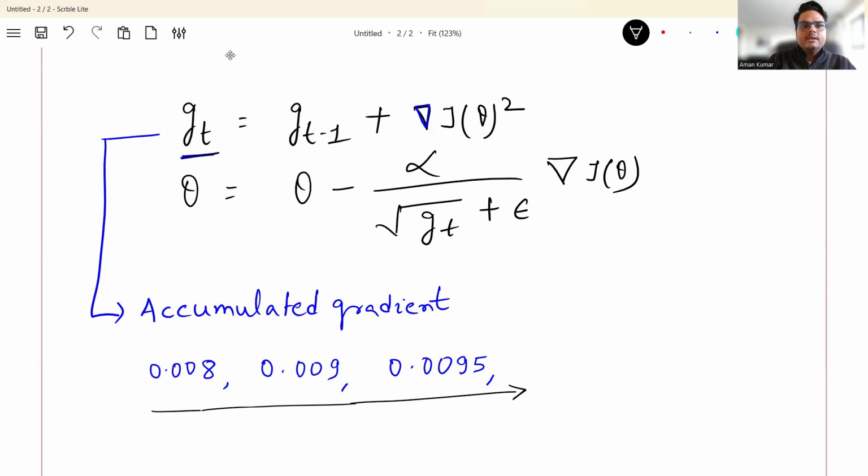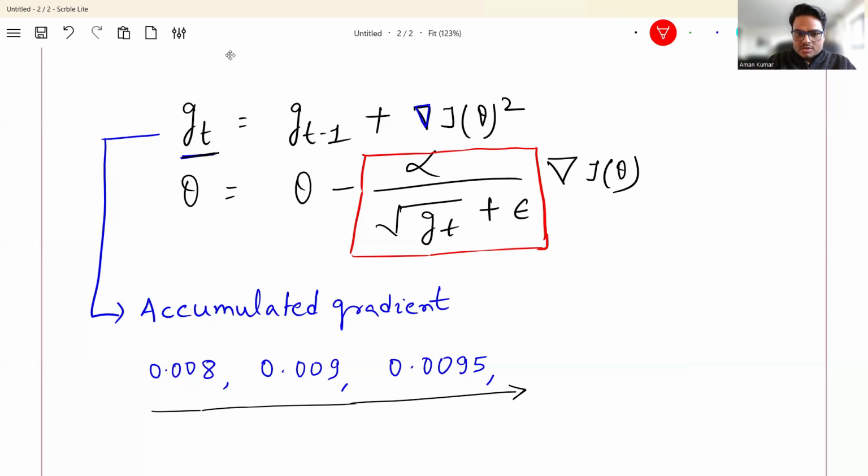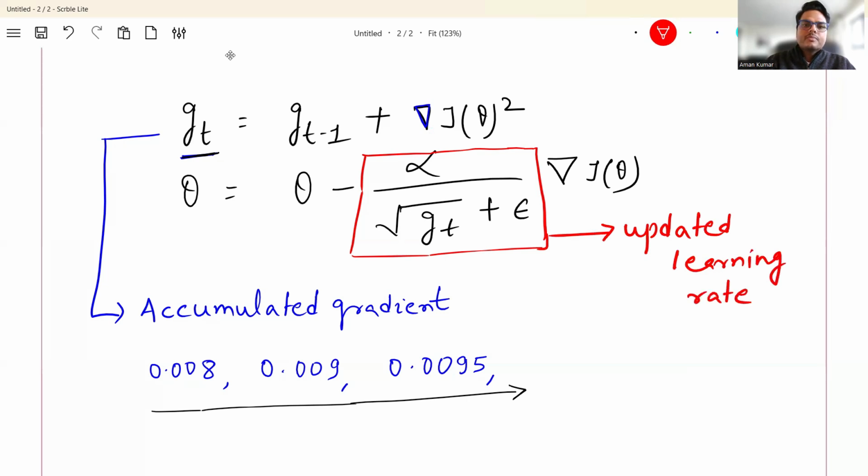When this increases, what will happen to this part? Please pay attention here. When it increases, that means the denominator increases in this red box. What you see in the red box is the updated learning rate.